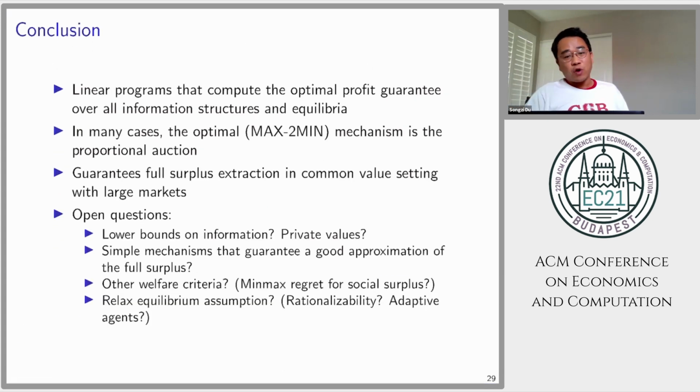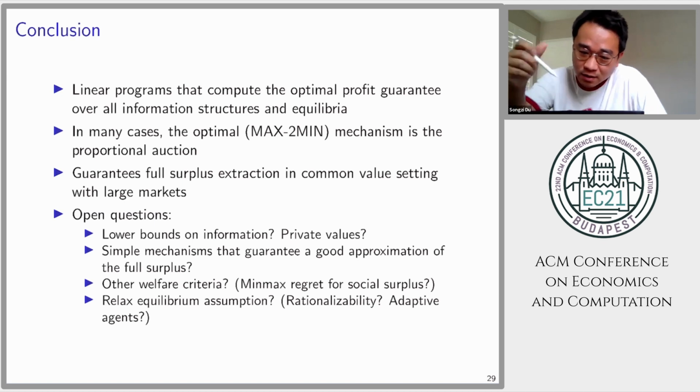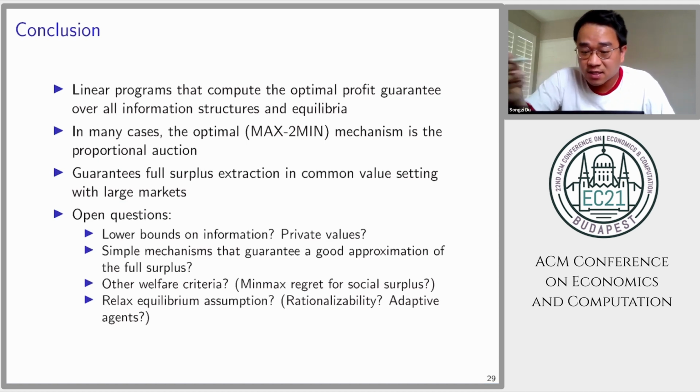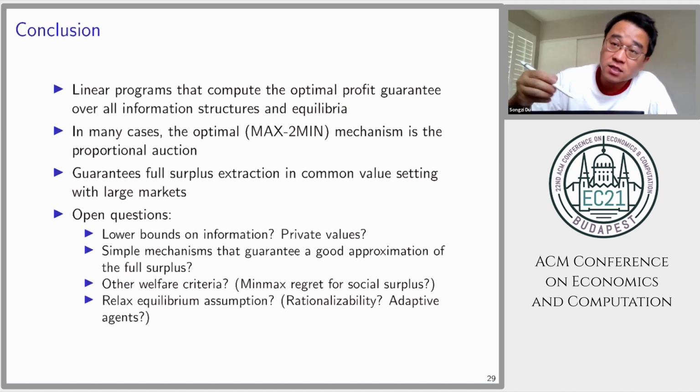So just to wrap up, first of all, we have given linear programs which can compute optimal profit guarantees over all information structures and equilibria. In many cases, the solution of these linear programs, which is the max to min mechanism, is the proportional auction.